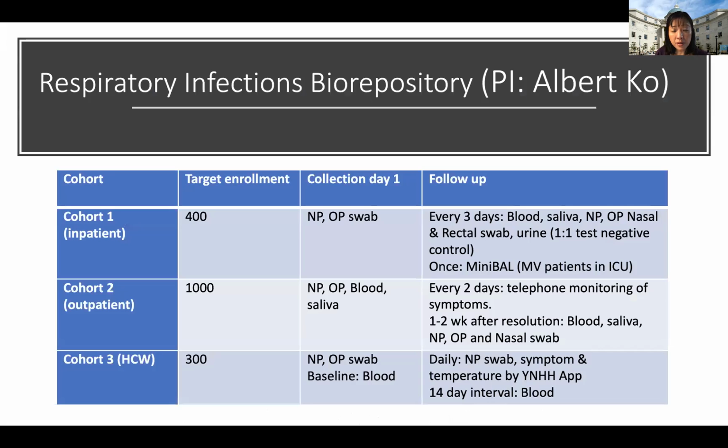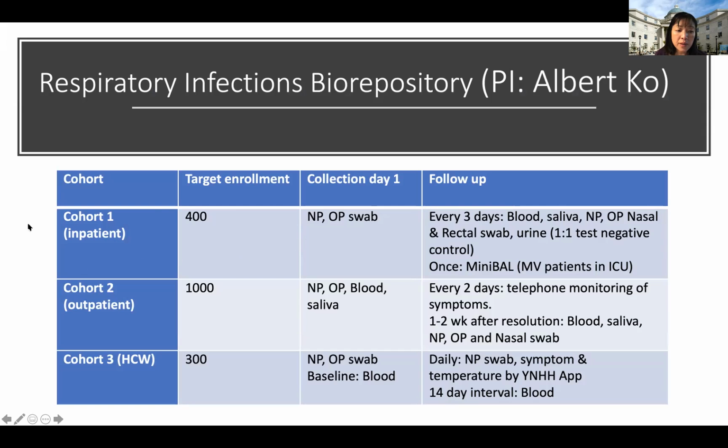And this study that I'm going to tell you about was made possible by establishment of a biorepository that was set up by Professor Albert Koh in the Yale School of Public Health, along with myself and several others who helped establish this biorepository, which allows collection of biospecimens from patients as well as healthcare workers who are enrolled in our study. So this is called the IMPACT study.